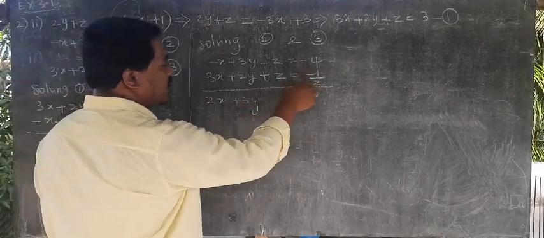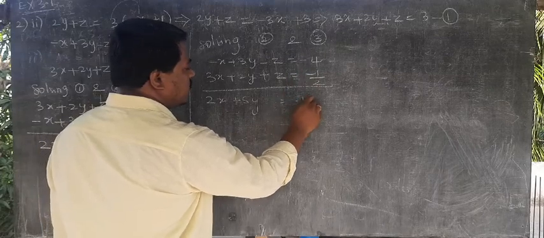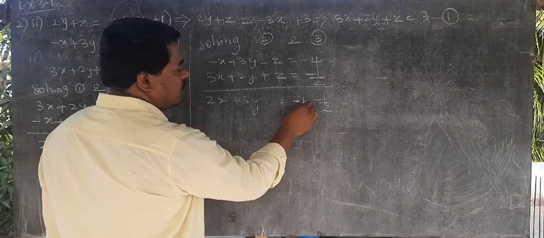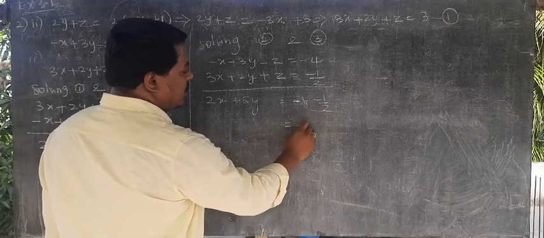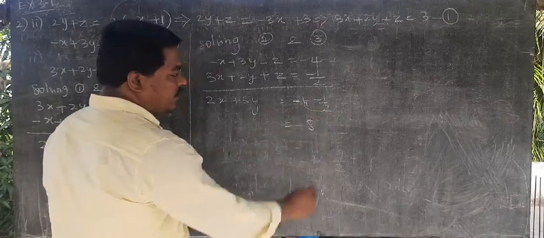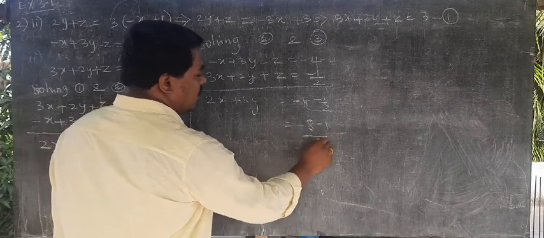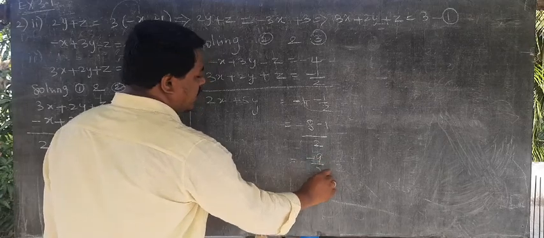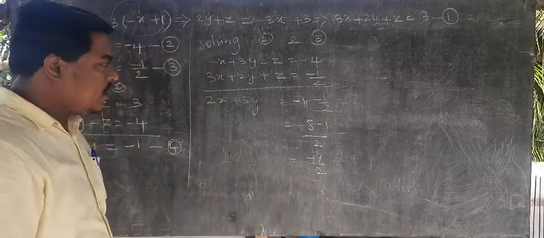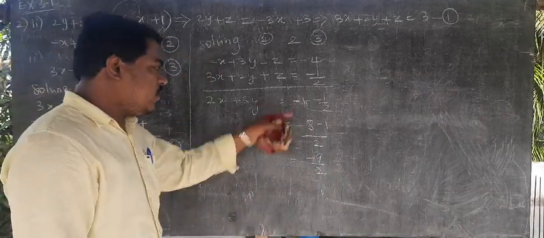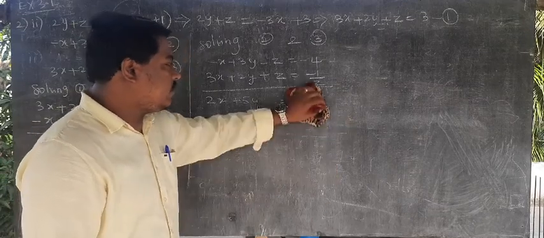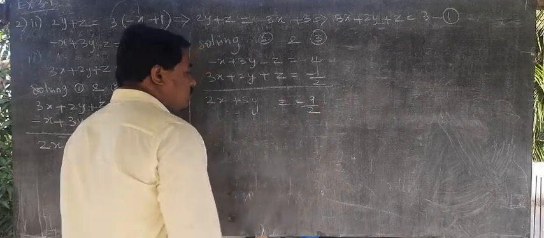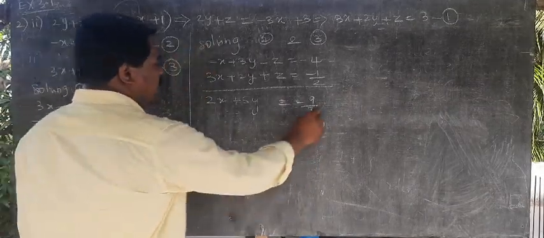Here minus 4 minus 1 by 2 means 2 into minus 4 is minus 8, minus 1, so minus 9 by 2 we get, right? No need to do it like this, straightaway you write here minus 9 by 2. This is the fifth equation.